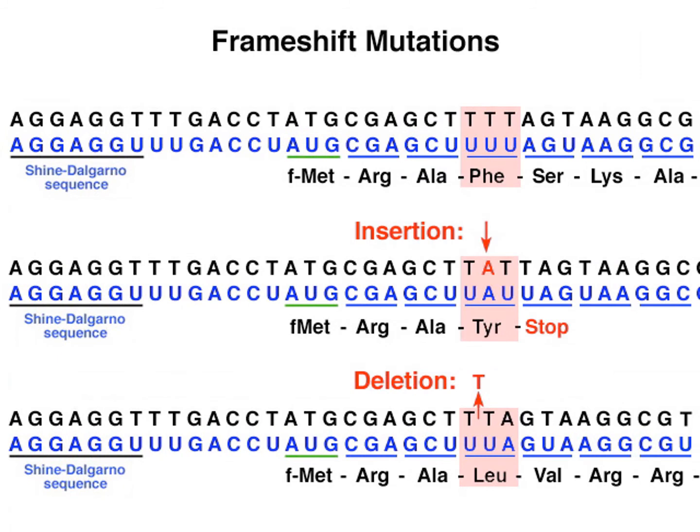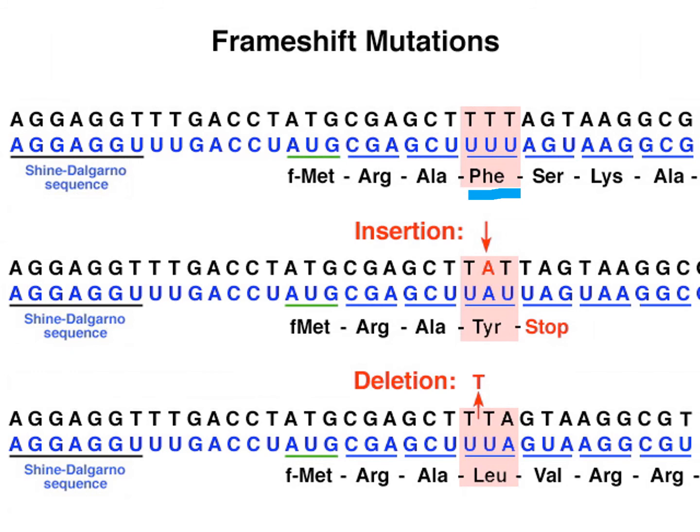Frameshift mutations are just what they imply. We have an insertion or a deletion here, which actually shifts the frame. This, again, is the normal DNA sequence, the mRNA sequence or codons beginning with the start site of translation. And in this position, we would normally have a phenylalanine.